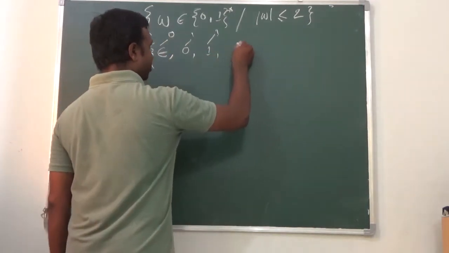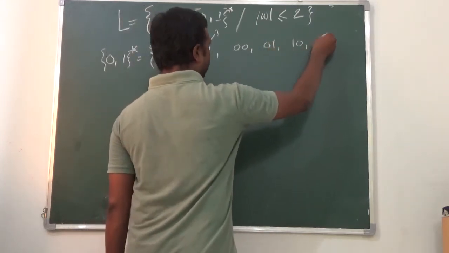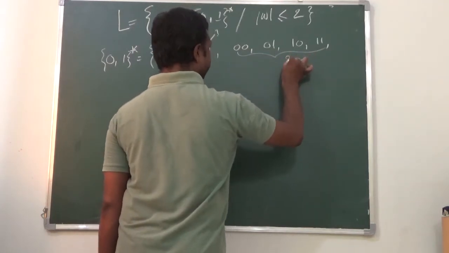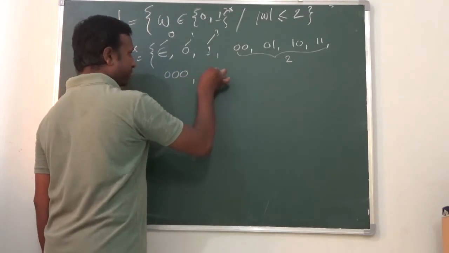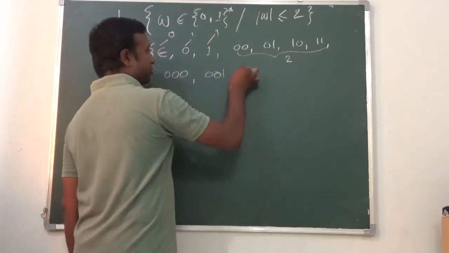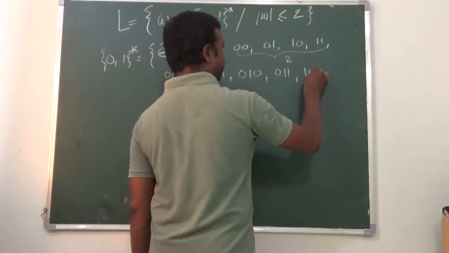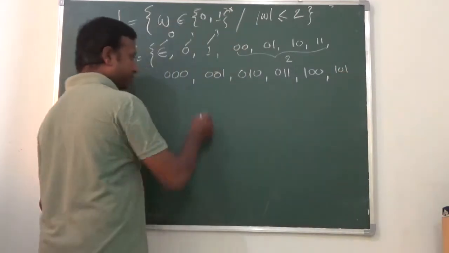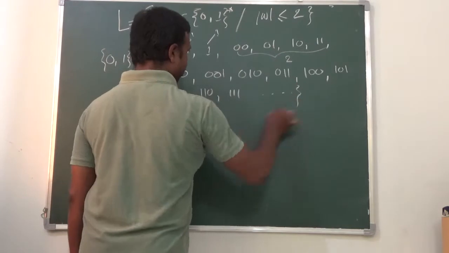It is 0 0, 0 1, 1 0, 1 1. All these are having length 2. Then we have 0 0 0, 0 0 1, 0 1 0, 0 1 1, 1 0 0, 1 0 1, 1 1 0 and 1 1 1, and then keep on going.